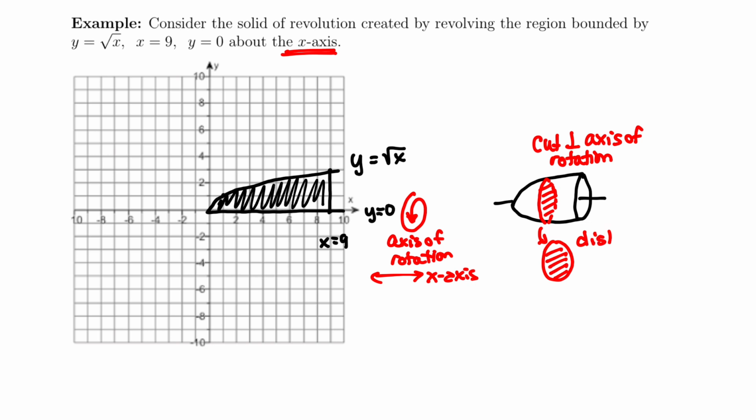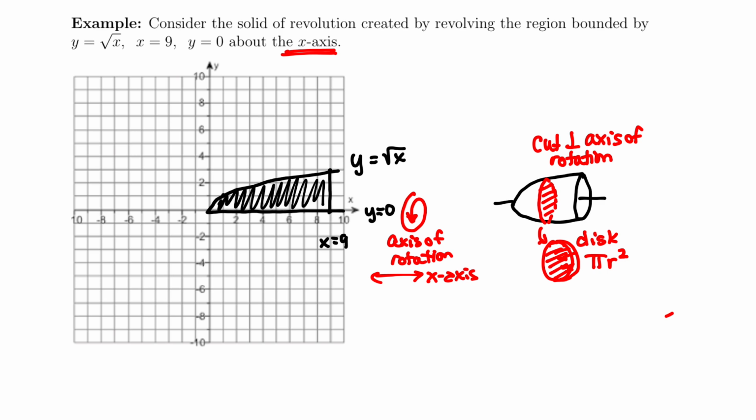This disc is a perfect circle because we're going all the way around, 360 degrees. We know the area of a disc is pi r squared. When we add up all these discs, just like we added up equilateral triangles or squares, we know we need to use this formula.